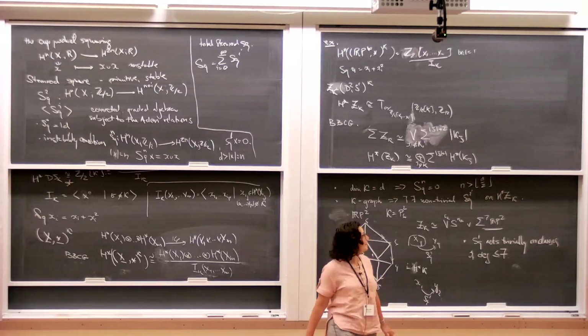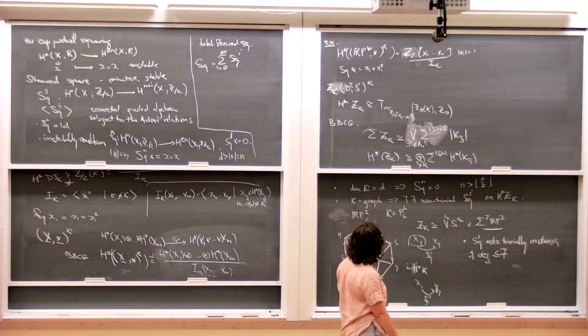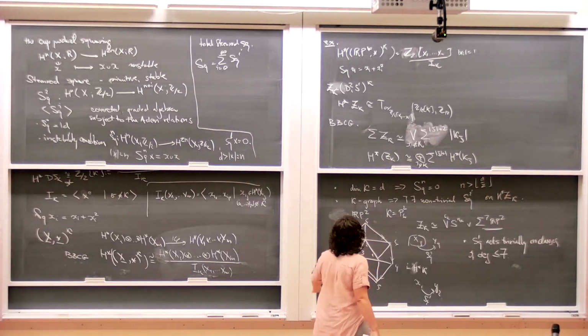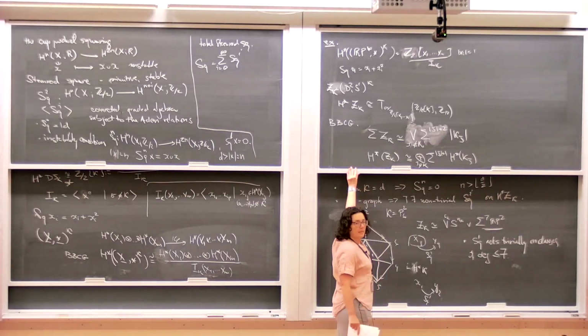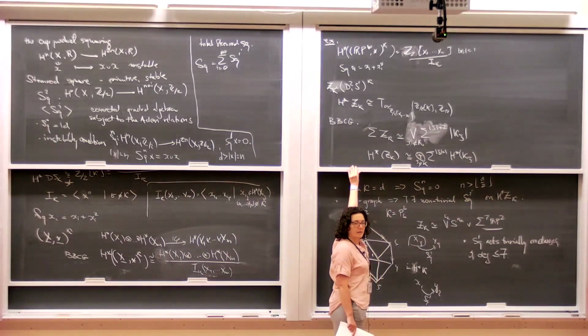Yes? Jelena, up there where you've got the cohomology of ZK splits up like that. Yep. Even in the general case, if you have the stable splitting, you can put a ring structure on the right-hand side. That ring structure is isomorphic as rings to the ZK.